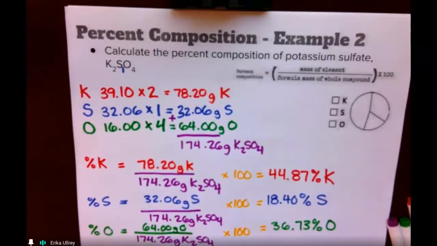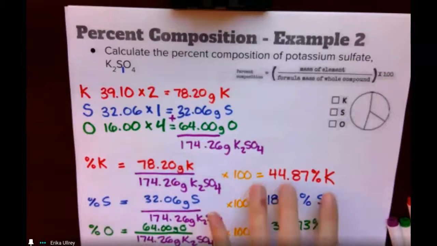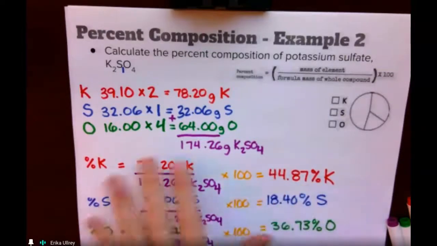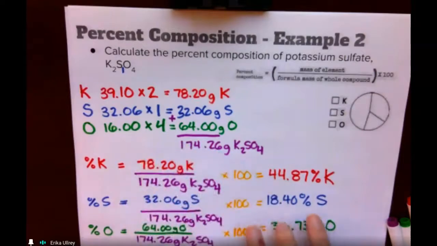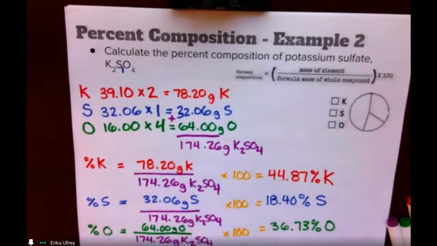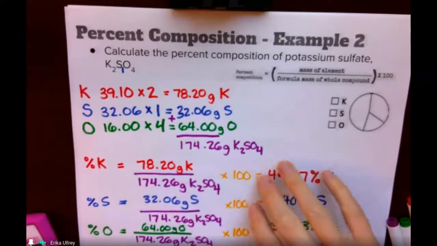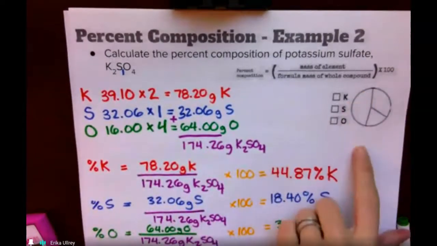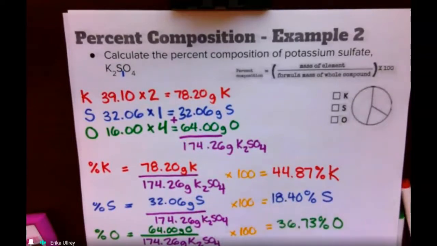So our definition of percent composition was knowing the amount of each component. So we know that 44% of our mass comes from potassium, 18% comes from sulfur, and 36% of our mass comes from oxygen. So the last thing we're going to do is fill in our pie chart. And so our biggest pie piece is going to belong to our biggest number.